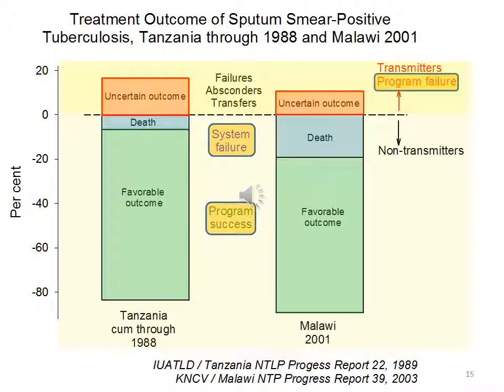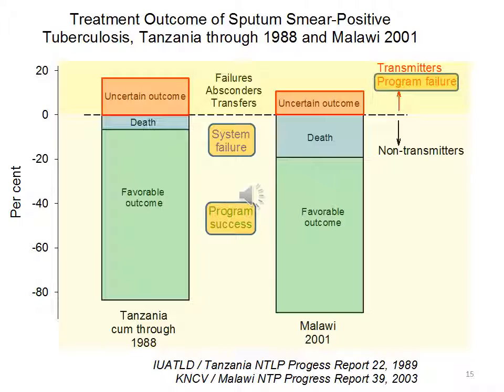Let me give you an example from Malawi in 2001 and compare with Tanzania in the 1980s. We categorize into patients who can transmit and not. The green treatment success was higher in Tanzania than in Malawi.